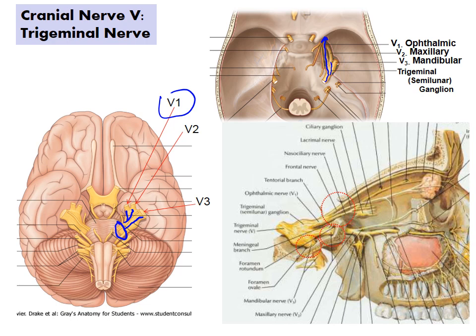V2, or the maxillary branch, will exit through the skull in the foramen rotundum and route to the maxilla. V3, or the mandibular branch, exits through the foramen ovale. So we have the superior orbital fissure, the rotundum, and the ovale for V1, 2, and 3.